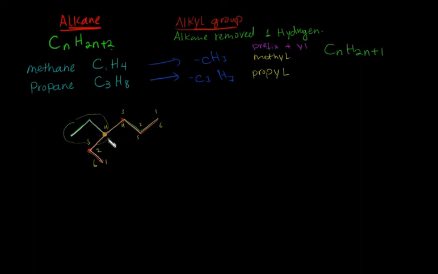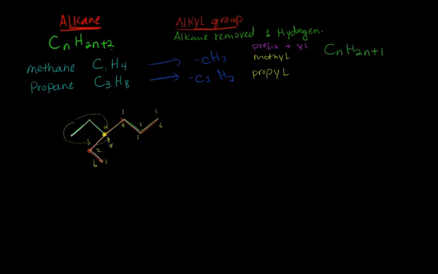So it would be 3. Alright, so we will use the numbering from the left, because it has the smallest number for the branch. So this branch will be on carbon number 3.